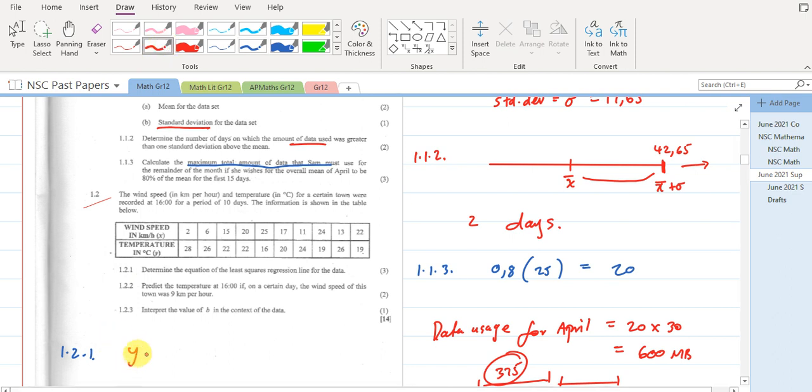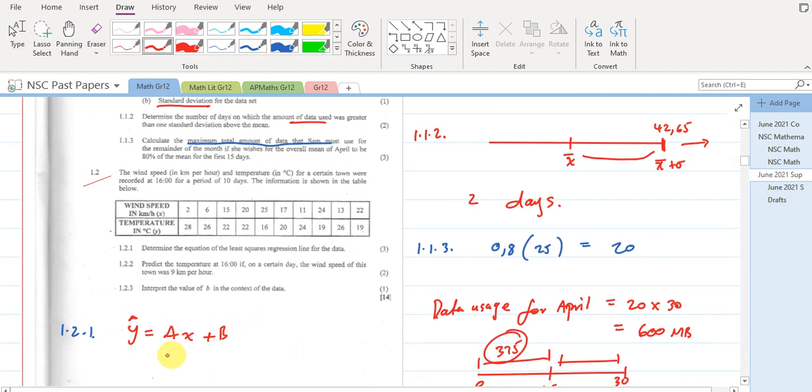Okay, so y hat is, this here means estimated line, ax plus b. Right, so y is equal to ax plus b, so we want to get the value for a and b, right? Interpret the value for b in the context of the data.